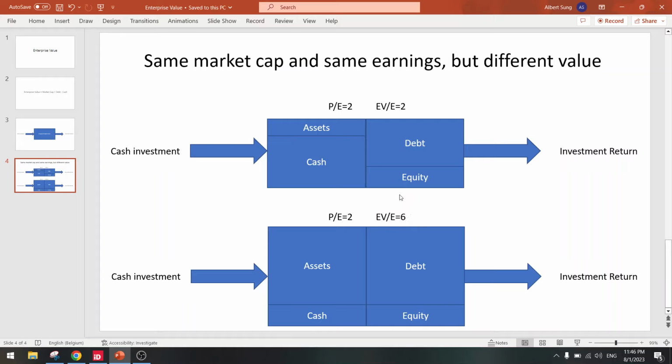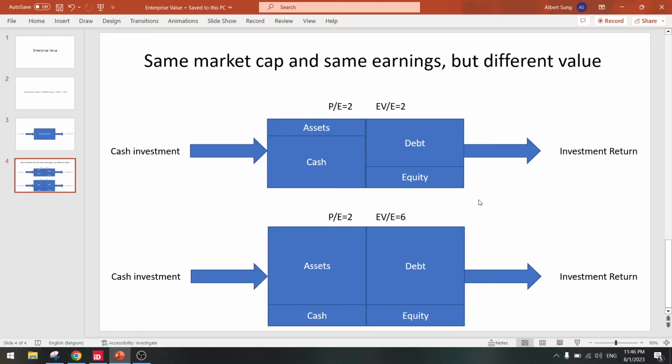So that's the difference between company 1 and 2. In company 2, you need to wait 6 years until you reach your enterprise value. In company 1, you reach your enterprise value already in 2 years. So that's the difference between company 1 and 2.